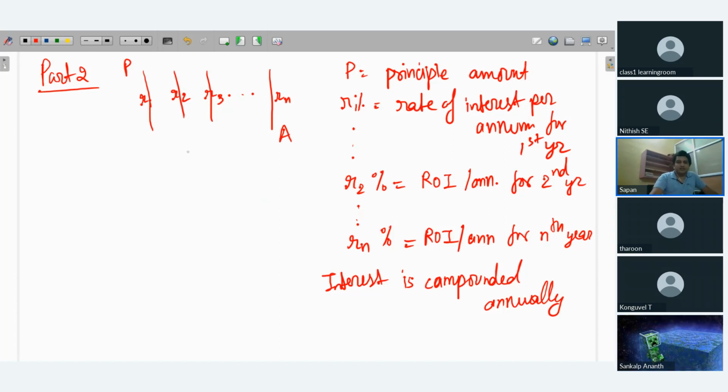Yeah, that is what. So the pattern is lying in the vertical stance. Even then, we can find the amount at the end of the nth year.